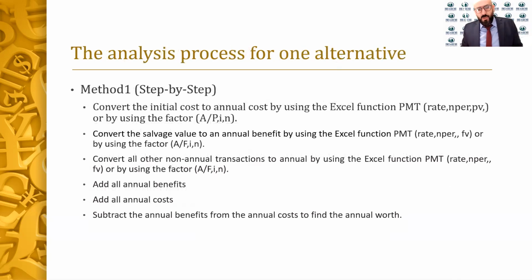Okay, what we should do in this process, what we need to convert. There are different ways for doing it, of course. Method one is going over each transaction and converting that transaction into an annual worth. And I listed here all the steps. So at the end of the analysis, you add these numbers together to find what would be the annual worth.